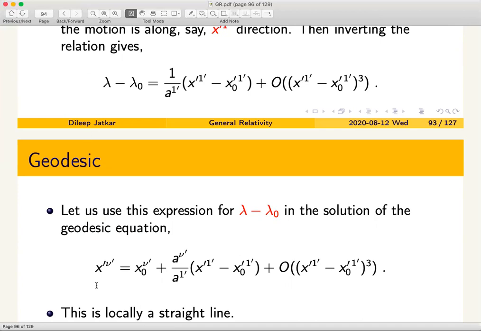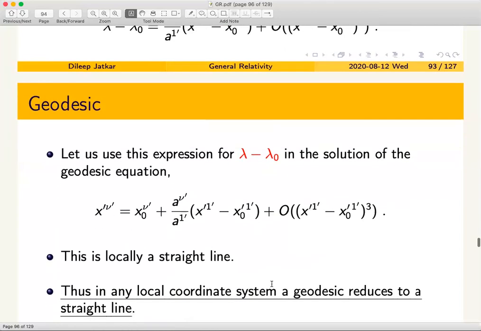Okay, and in that case, this equation is basically an equation of a straight line because the nu prime direction in the x prime coordinate system depends on the 1 prime direction linearly. And this is the slope of that line. So in any local coordinate system, you can show that the geodesic essentially reduces to a straight line.